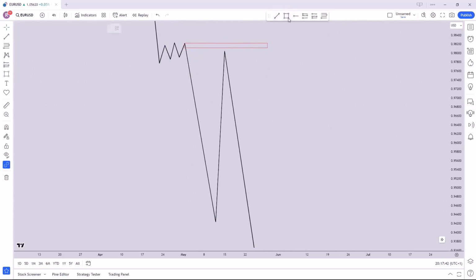But this is the thing that you have to have in the back of your mind, okay? This whole area is valid supply. Okay, this whole area is valid. That's why when you're refining your zones, and we will go through how to correctly refine zones to the point where you're not refining it too much where you miss out. Okay.